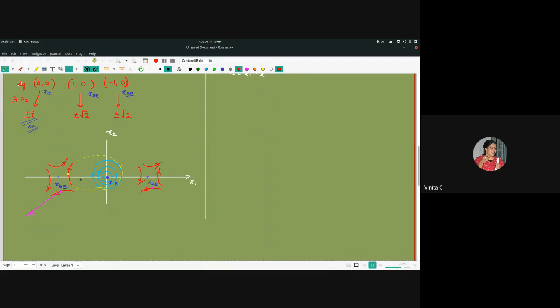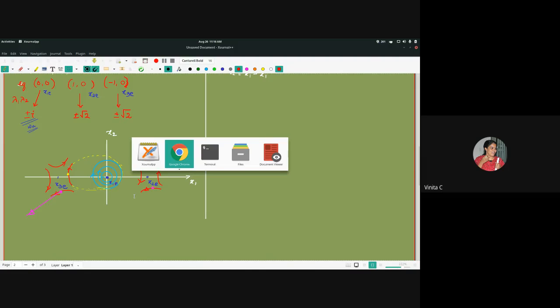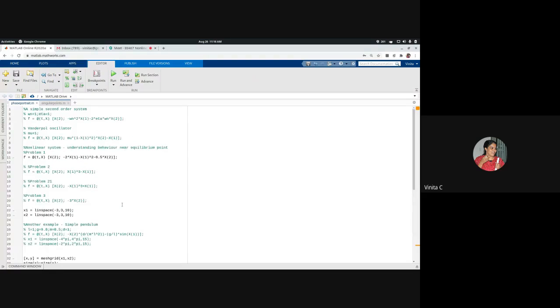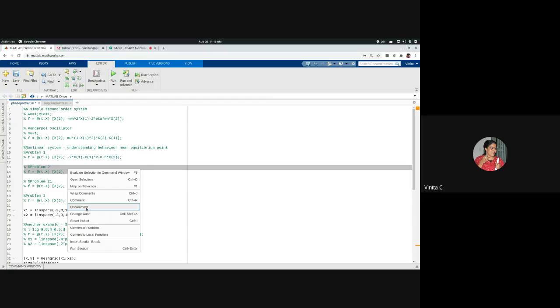Now let us look at a figure of this, how it will look. So this is the second problem. This is the first problem. This is control R, problem 2, control and comment.